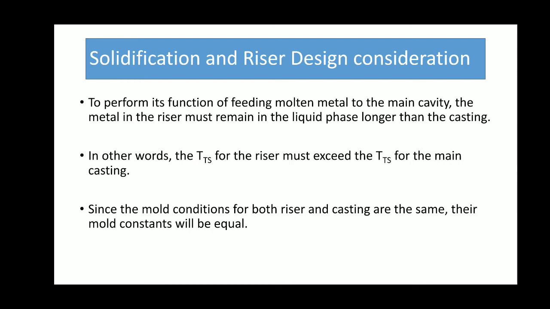Those things anyone can easily find out from the geometrical relationship, and the power t2 is there. So from there we can find out the total solidification time for both cases, that is for the cast and for the riser. After that we can find out whether that riser design is feasible or not in terms of solidification time. This mold constant for both cases will be the same.